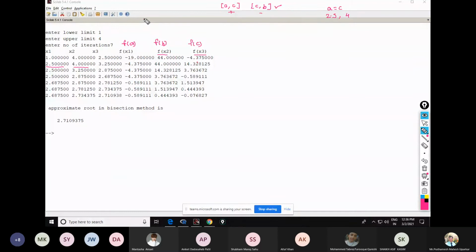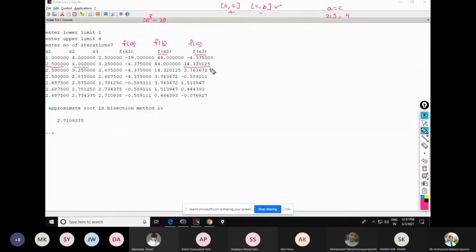Again we calculated f of x1. What is f of x1? We have to put the value in x cube minus 20. Put 2.5, 2.5 cube minus 20, you will get -4.375. Then you can put 4. 4 cube is 64 minus 20, you will get 44. And f of c?